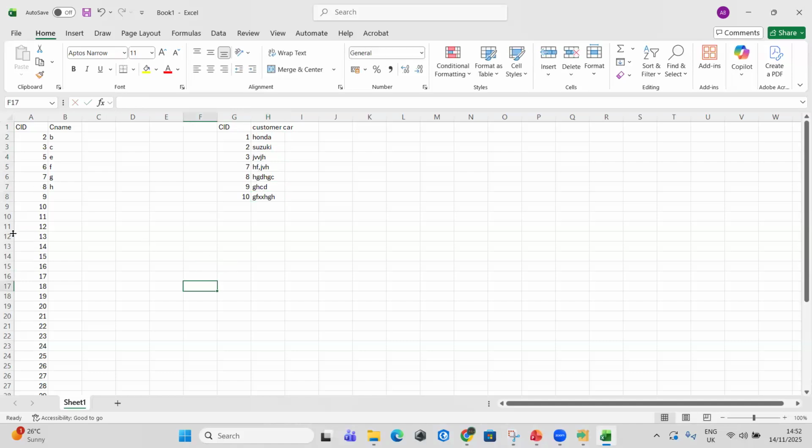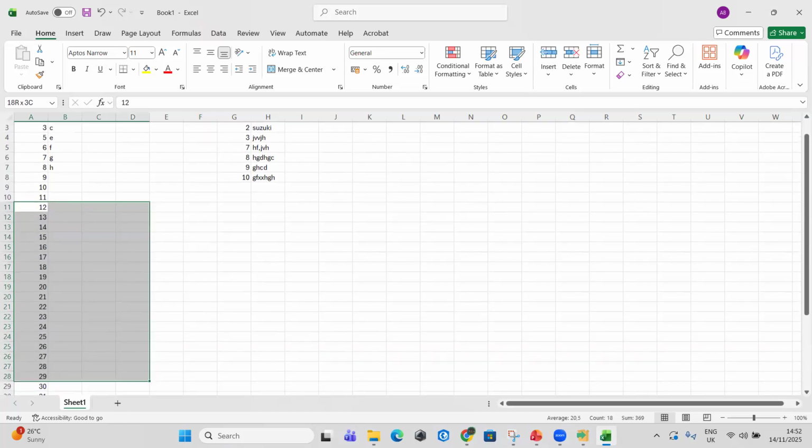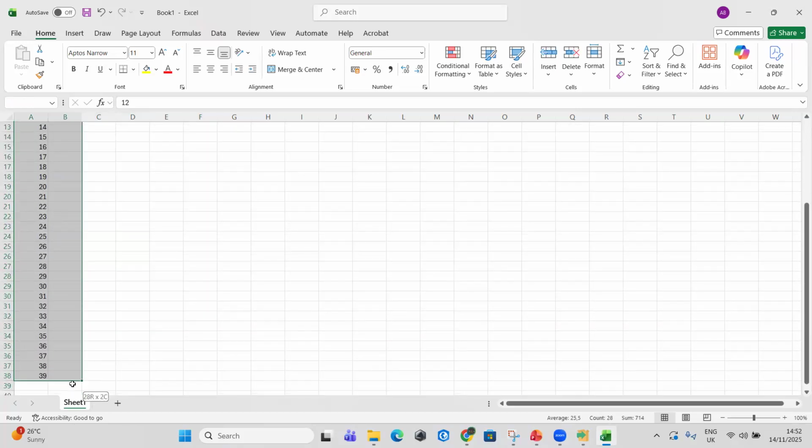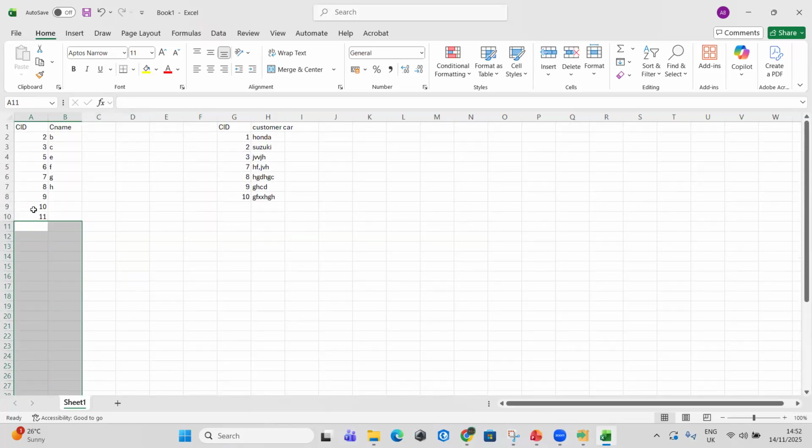So now think that there are these two tables.